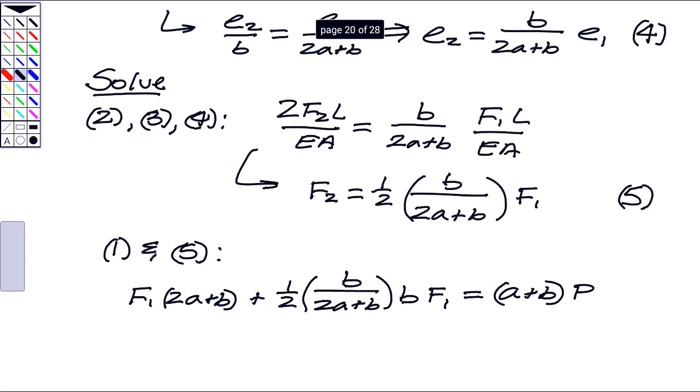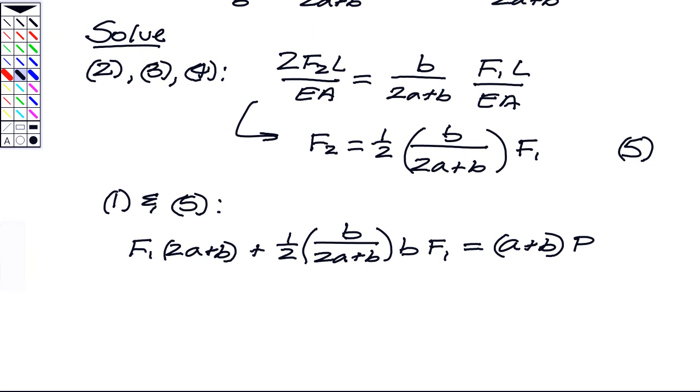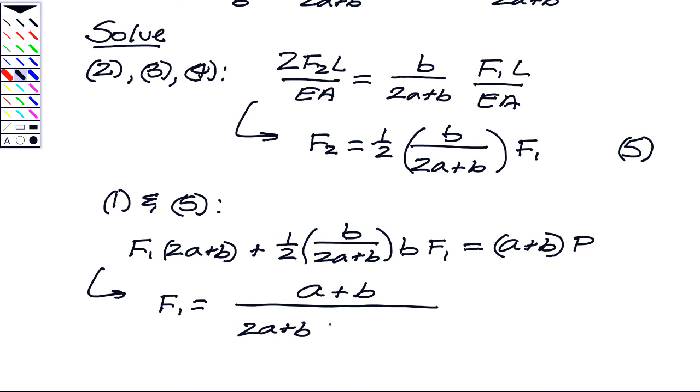Well, we've got things down now to a single equation and a single unknown. So from this, F1, therefore, is equal to the ratio of a plus b divided by 2a plus b plus 1/2 of b squared divided by 2a plus b, all times P. So we can put our numbers in there.